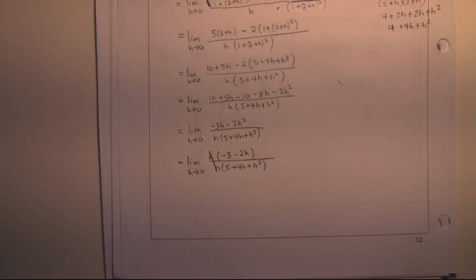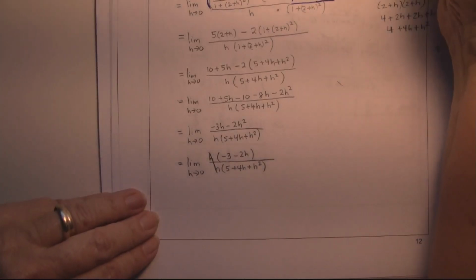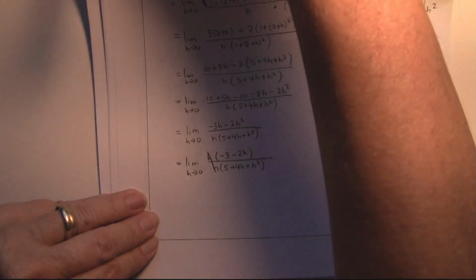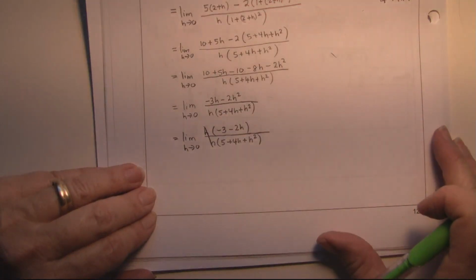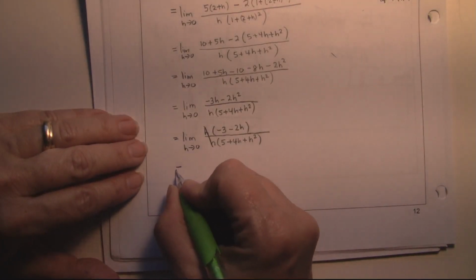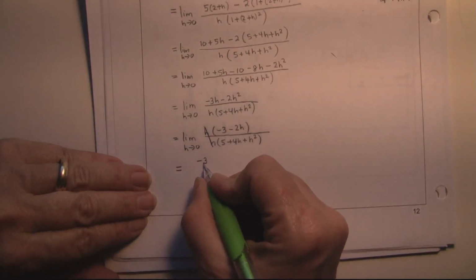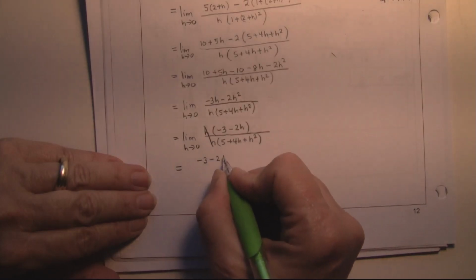The h is canceled out, and now I can plug in h is 0. And when I do, I will know the slope of the tangent line, or f prime at 2. Whatever you want to call it, both are the same thing. When I plug in h is 0, in the numerator I get negative 3 minus 2 times 0.